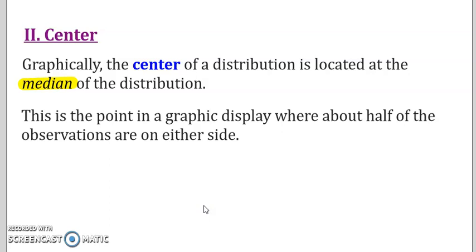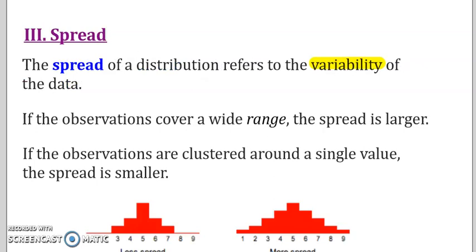That gives you guys a pretty good idea of how the class did. However, if I had some values that maybe skewed it, maybe 5 people were absent that day and their grades are zeros, and the class average now because of that is a 73, well, that's maybe not as accurate. So when we're talking about the center of a distribution, we're going to use the median. And that's going to be smack dab in the middle on our display. Again, we'll see some examples as we go through.